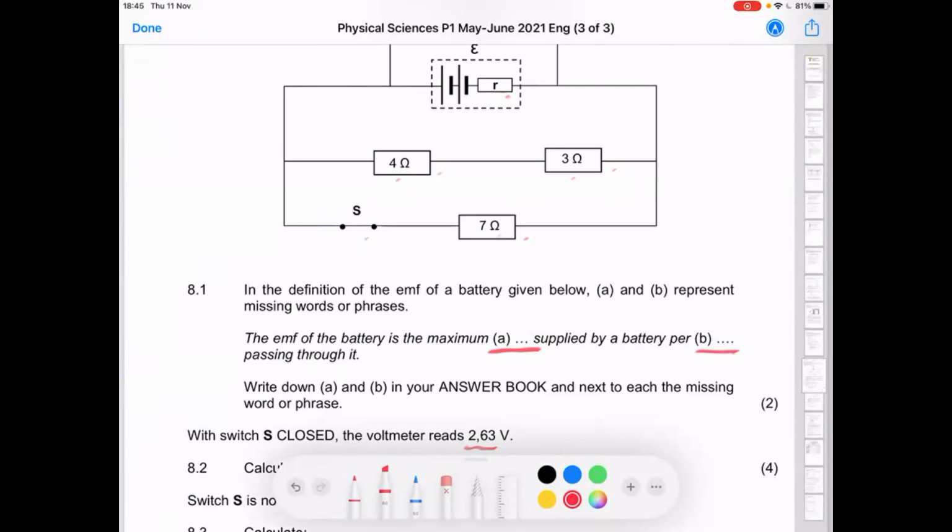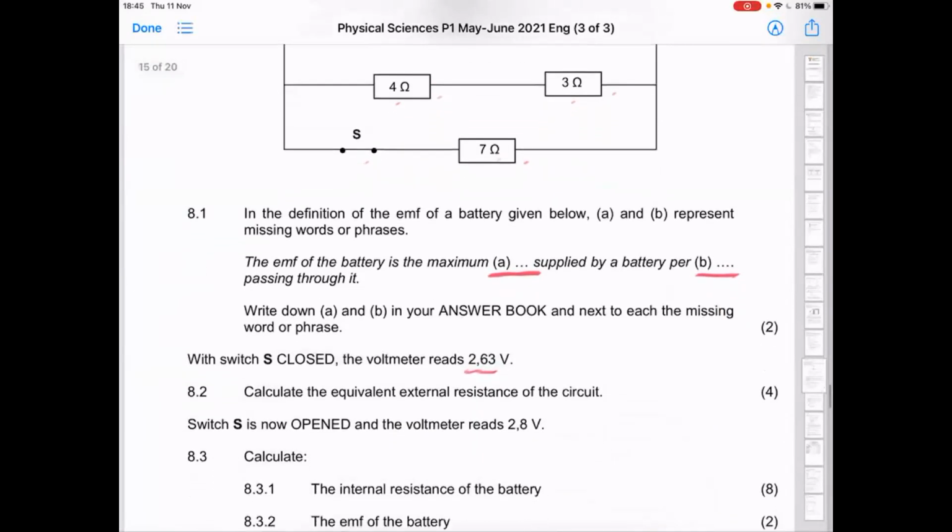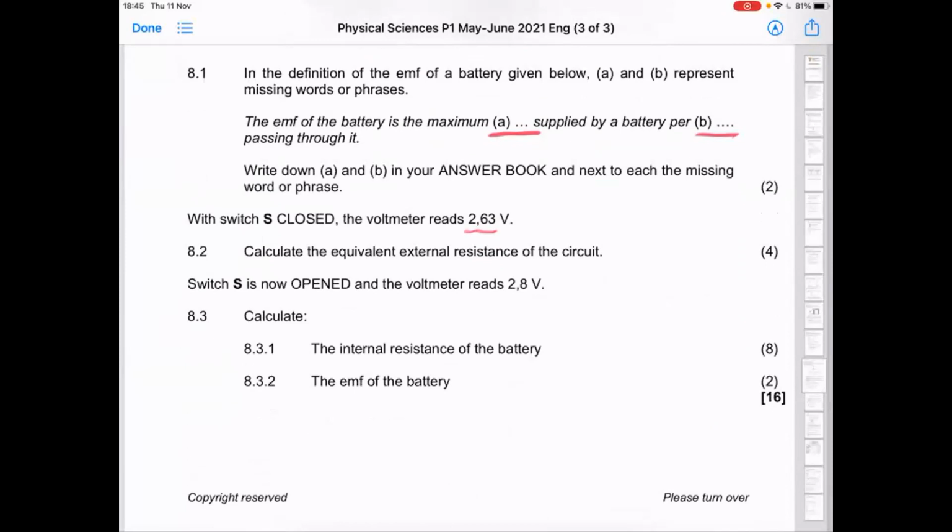For B, you must say it would be unit charge, or you could say coulomb. Both those answers would be acceptable. Okay, so that's 8.1.